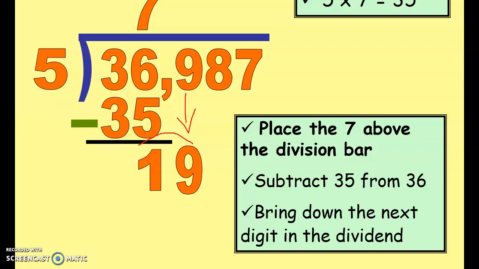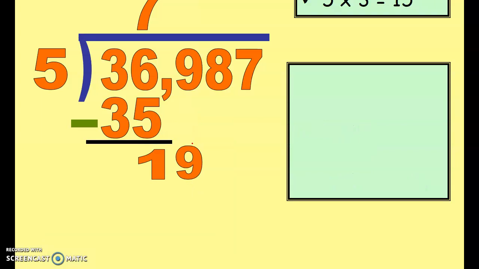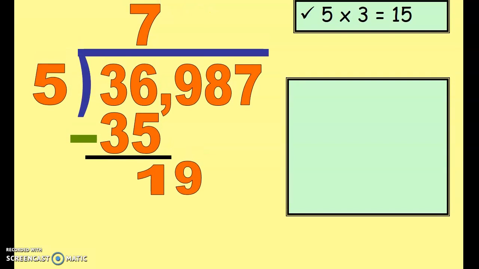Which number is very close to 19 in table 5? It's 15. So we know that 5 times 3 equals 15.